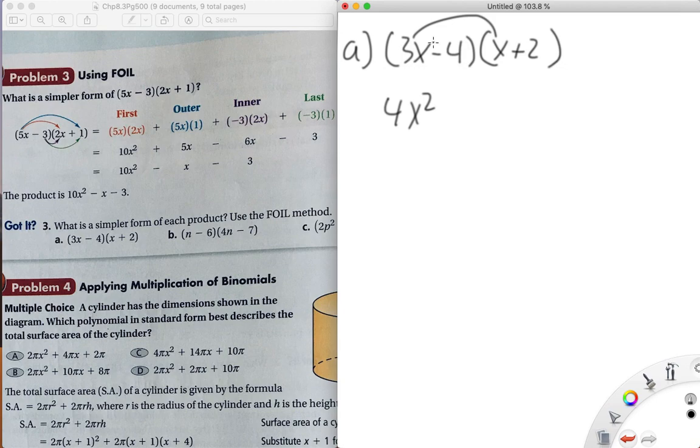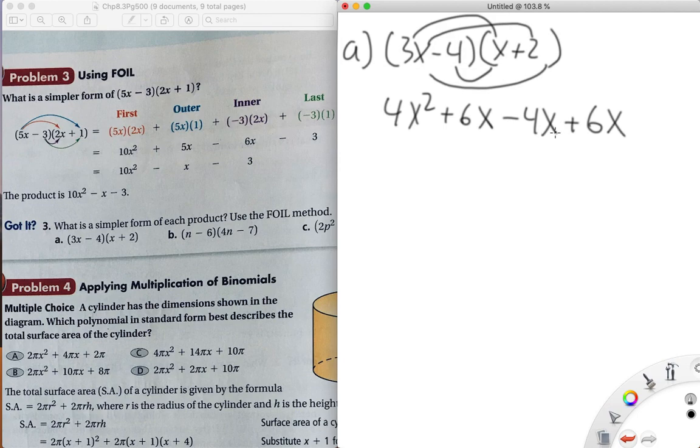Then outer, which would be 3x times 2, which is 6x. Then we have inner, negative 4x times x, which is negative 4x. And then we have last, which is 3x times 2, which is 6x.